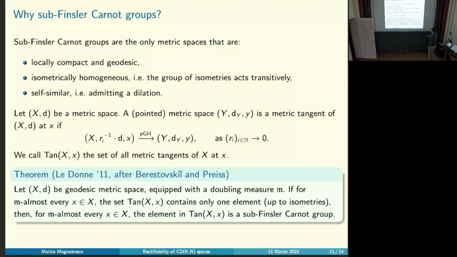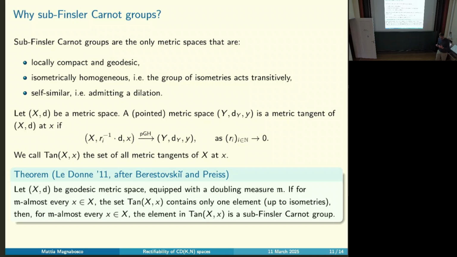Okay. And then the theorem, which was proved by Le Donne after the work of Berestovskii and Pansu, is that if we have a geodesic metric space (X, d) equipped with a nice doubling measure, and if we assume that at almost every x the set of metric tangents contains only one element up to isometry, then at almost every x this element is a sub-Finsler Carnot group.